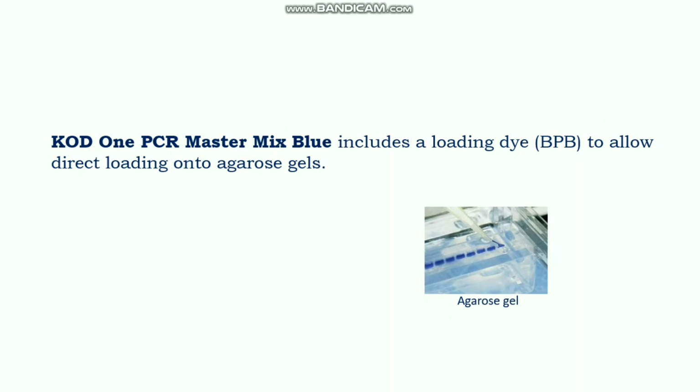You don't need to add the loading dye separately, so it is very convenient to use. This is also a master mix. It contains buffer, dNTP and other components, and additionally it contains the loading dye.